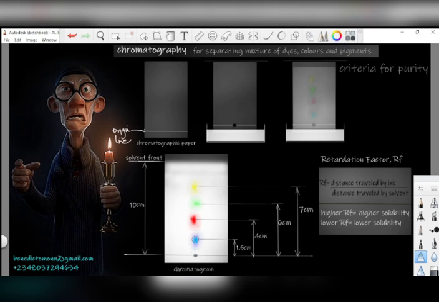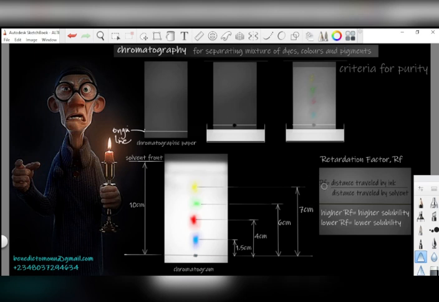Anywhere the ink stops finally is called the ink front. Let's say the blue ink travels from this origin a distance of 1.5 centimeters. Red travels 4 centimeters, measured from the center of the ink to the origin line. Green travels 6 centimeters and 7 centimeters for yellow ink.